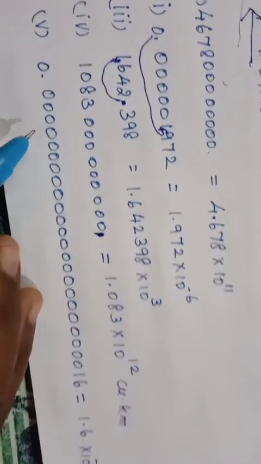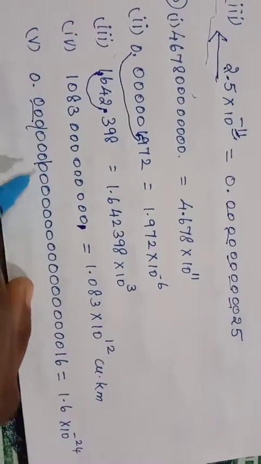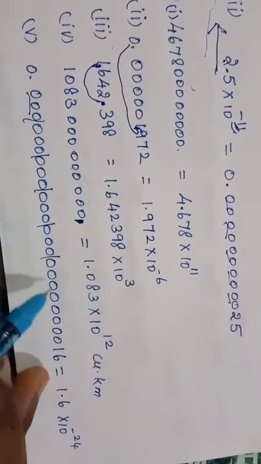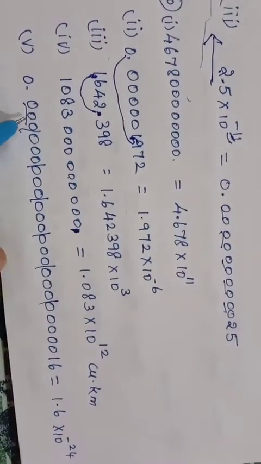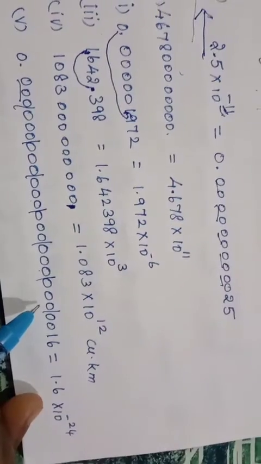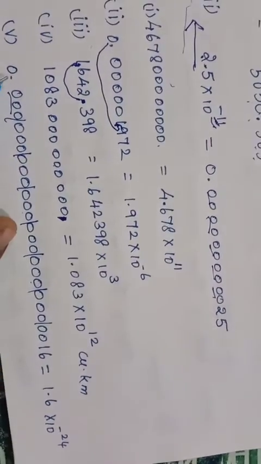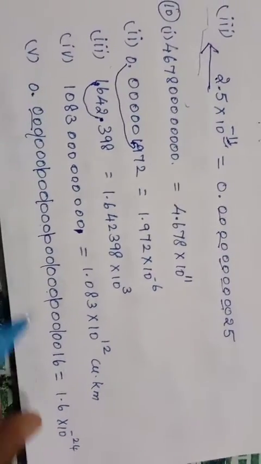Next, the last one. How many zeros are there? We have to make a group. For 1, 3, 3 you have to make groups. So that is 1, 2, 3, 4, 5, 6, 7. 7 threes are 21, 22, 23 zeros are there. This decimal point has to move here.